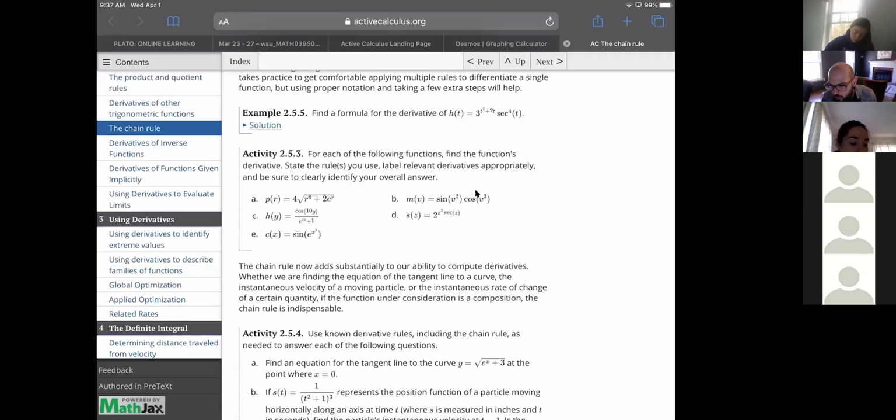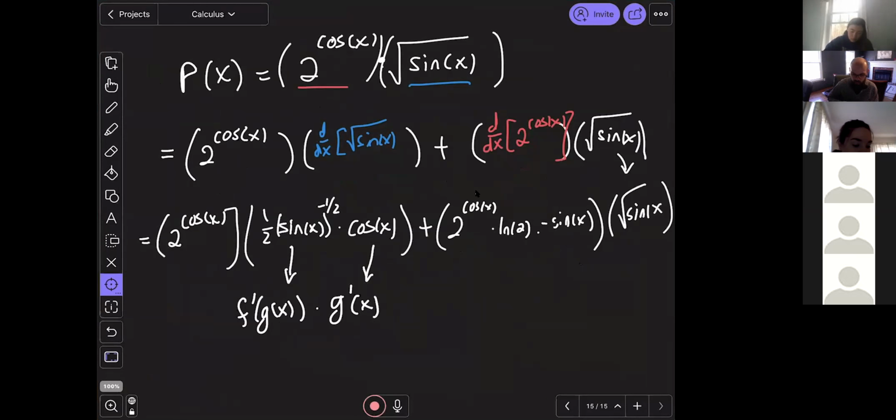And so we got a question from Luke that just came in. So Luke, yeah, this negative sine x, is this the one you're talking about over here? Yeah, so that's the same thing. So when we break this down with chain rule, again, this is our f prime of g of x. So our outside function is the 2 to some power, right? 2 to the x.